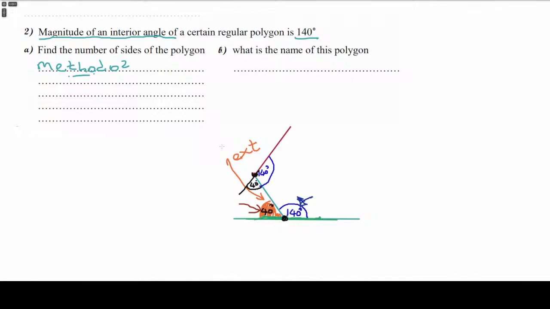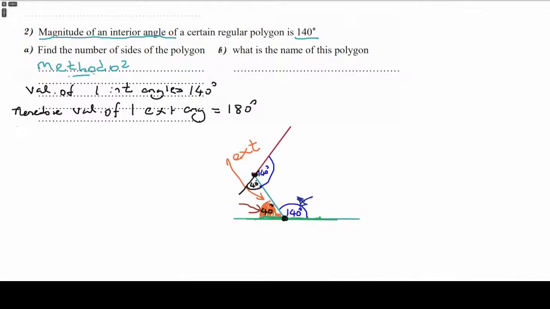So let's write that. They have given the value of one interior angle. Value of one interior angle equals 140 degrees. Therefore, the value of one exterior angle has to be 180 degrees minus 140.